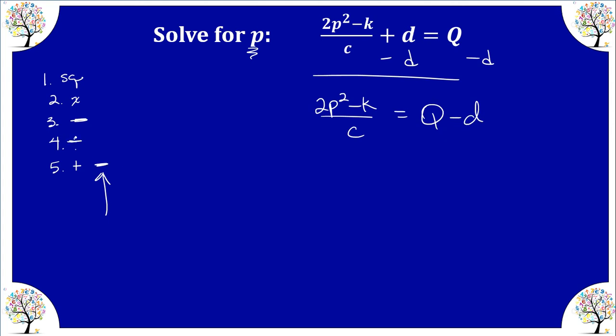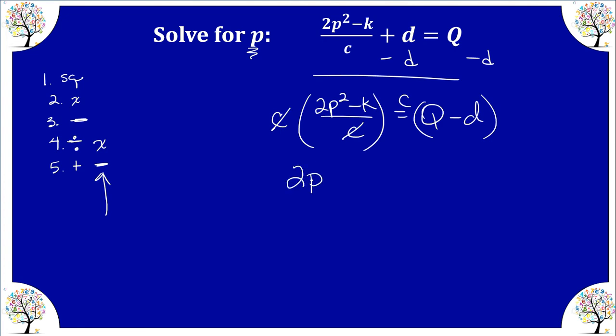Now we're going to undo division by multiplication. We're going to multiply both sides times c, and notice you need parentheses because we have the difference over here. If we have subtract or add and we're going to multiply, you have to have parentheses.